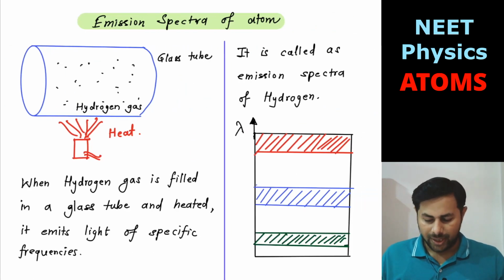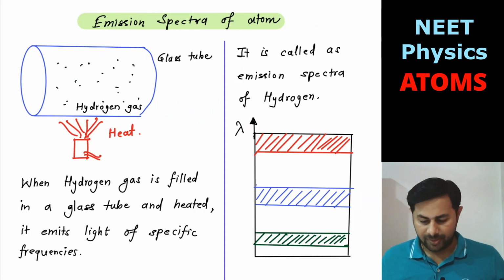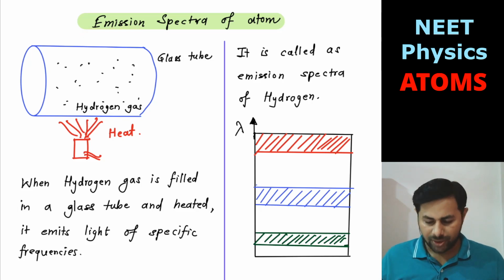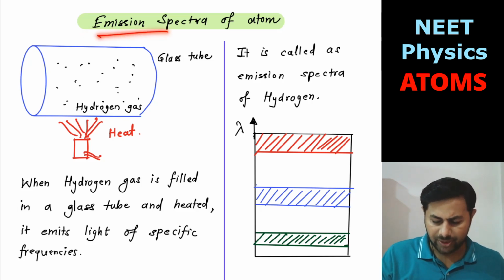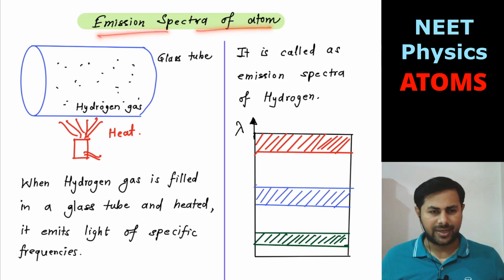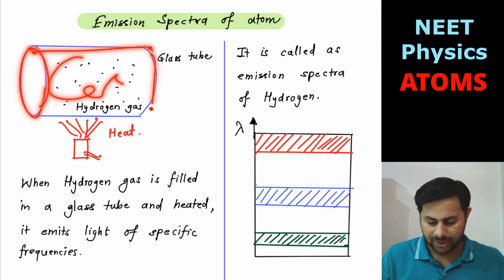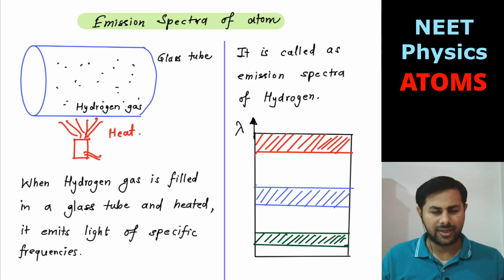Now the electron orbit is unstable, and then the Rutherford model cannot explain the emission of the atomic spectra. Okay, so what is atomic spectra? Suppose you take some gas, any gas, in a glass tube and you heat that gas.